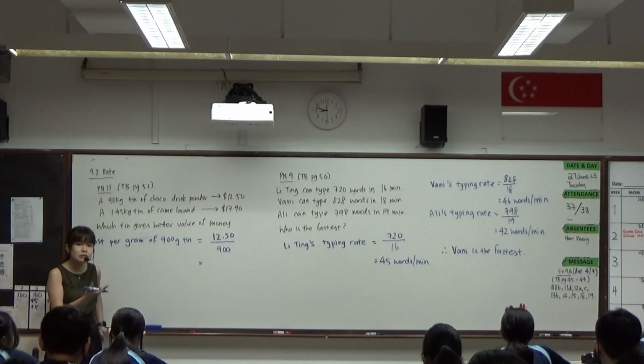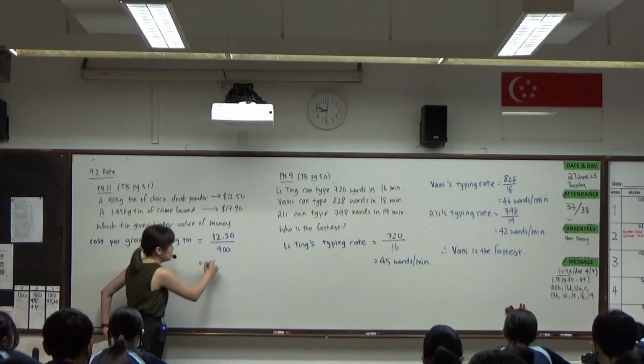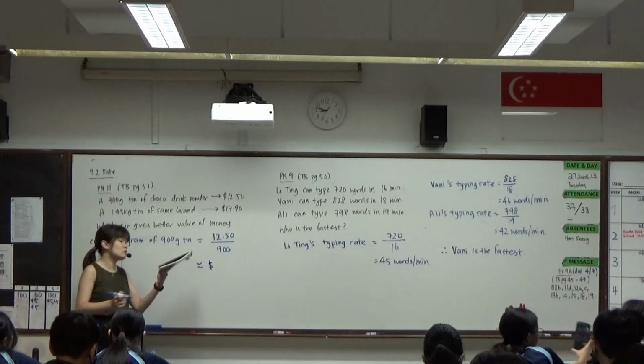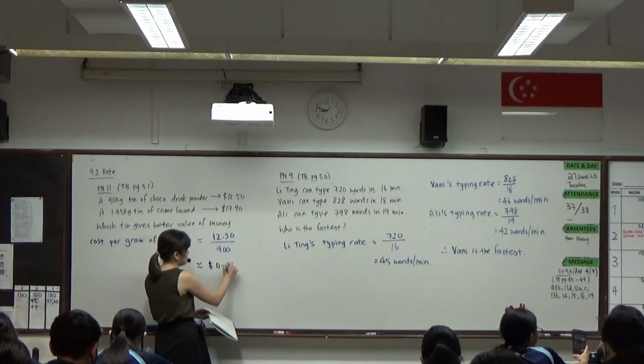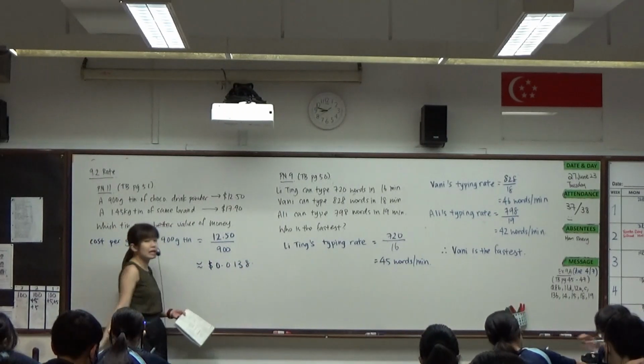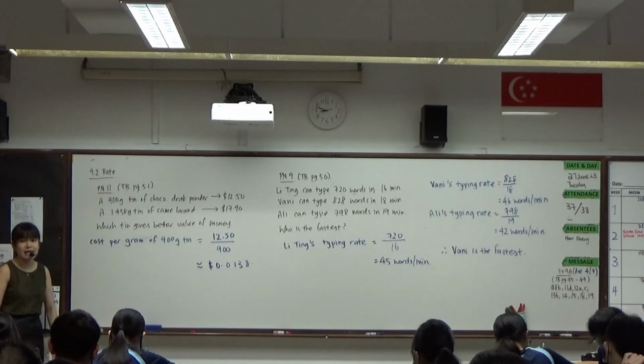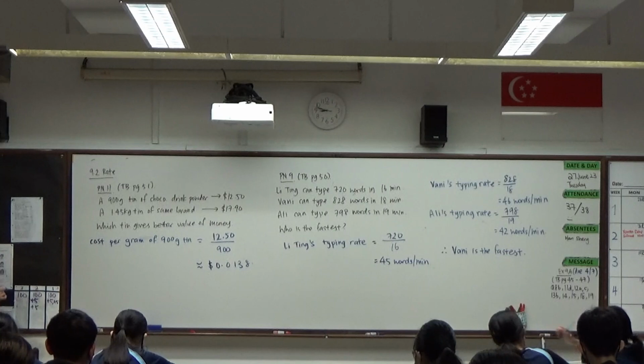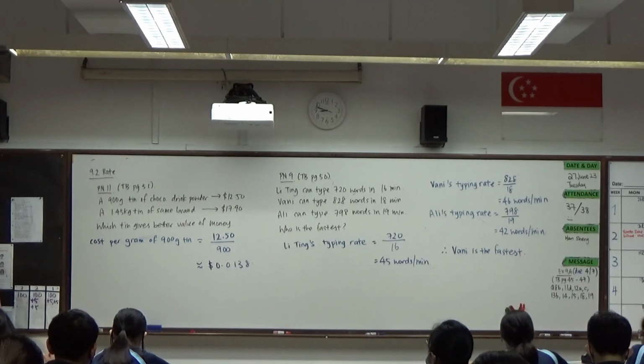So sometimes we may want to leave our answer in decimal, and in this case, if I leave my answer in decimal, we truncate to 5 significant figures, and we get about 0.0138. Right? Because decimal numbers will be easier for us to compare than fractions.